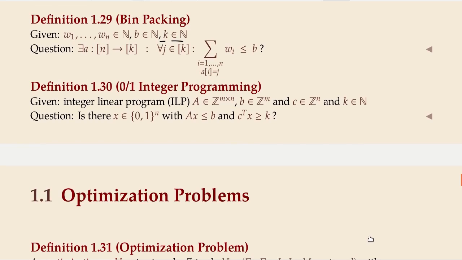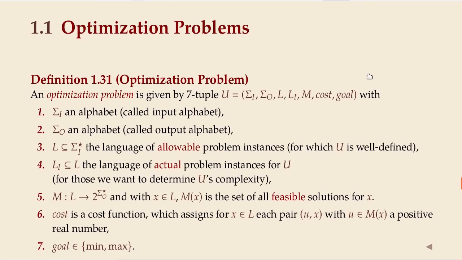And for example, let's take bin packing because that's still on the slide. If you drop the parameter k and just ask what's the smallest k so that you can fit all objects into the bins, you get an optimization problem. I guess that's easy and natural enough.